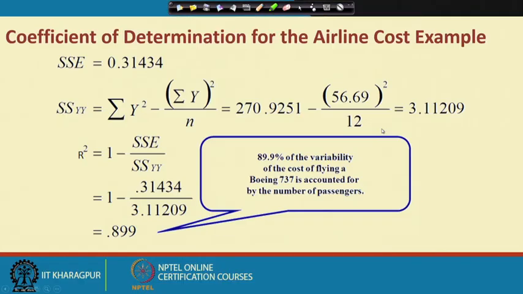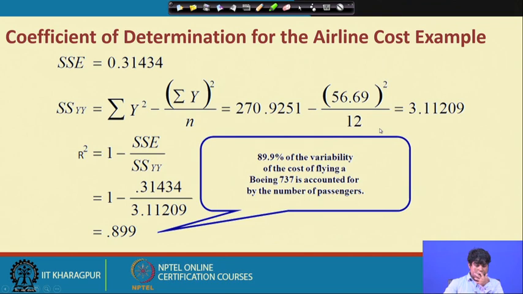In order to know more about this process, let us move further, and this is the coefficient of determination calculation. Ultimately R square equals 1 minus the sum of squares error divided by the total sum of squares.